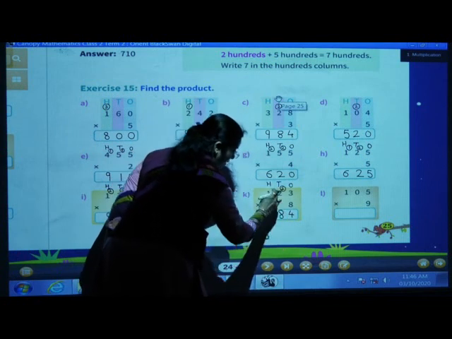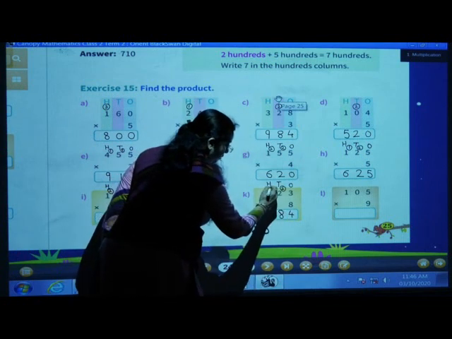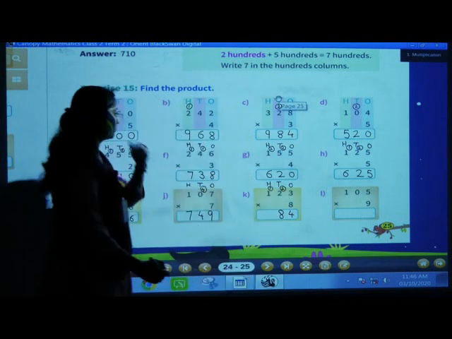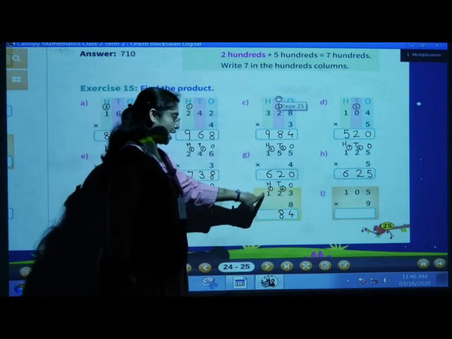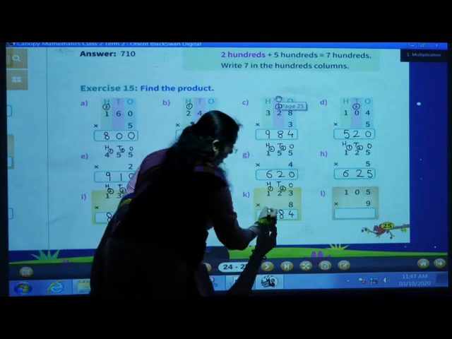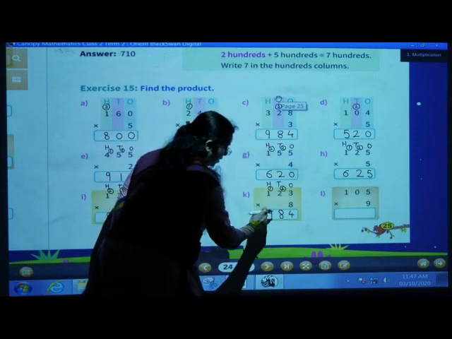Means 8 we have to write in tens column and 1 carried over. Again 8 ones are 8 plus 1, 9. 9 we have to write in hundreds column.